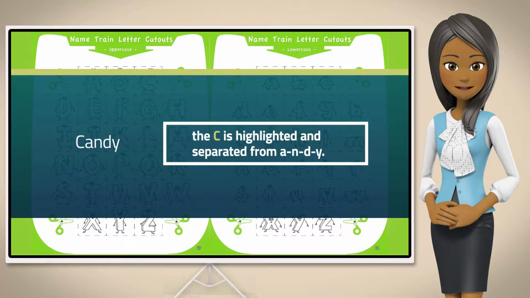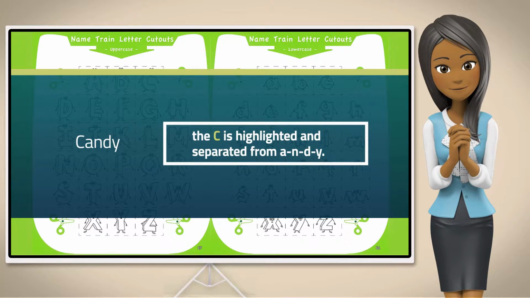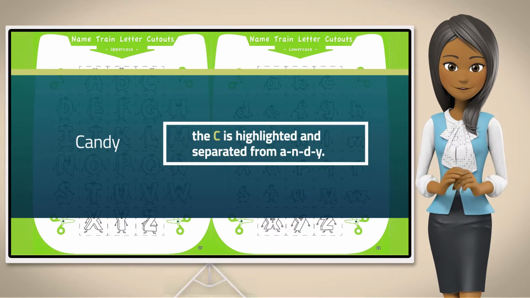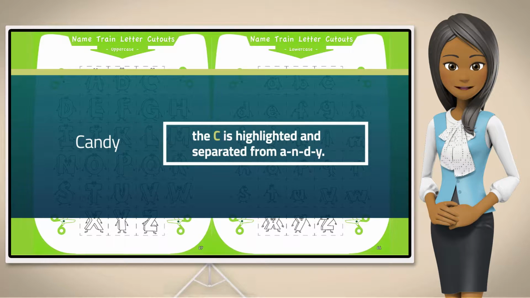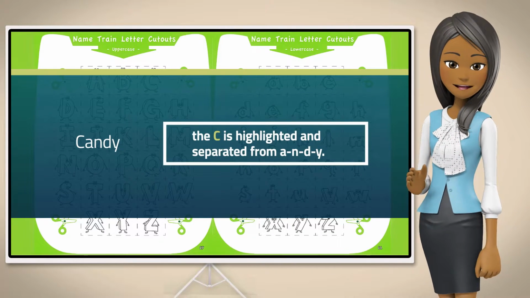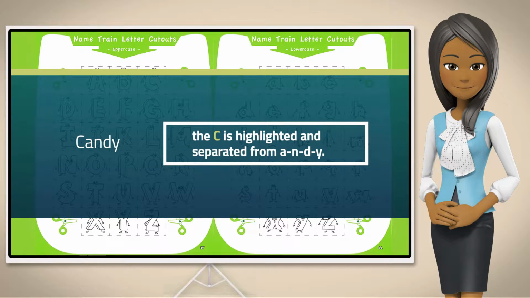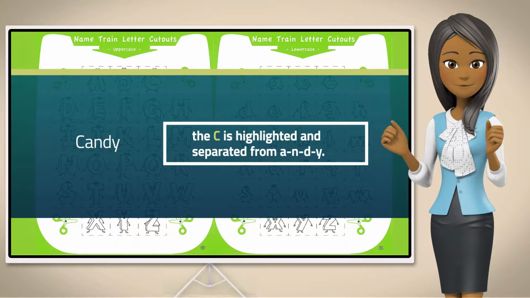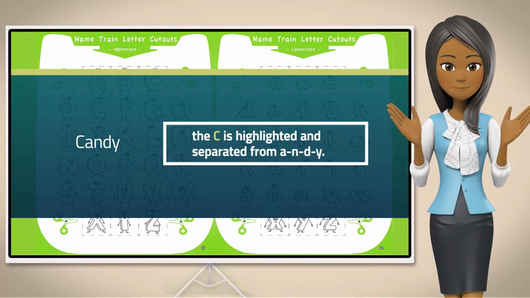For example, if the child's name is Candy, guide her in understanding how many lowercase letters are needed and then how many uppercase letters are needed. Allow the child to select the letters and then practice cutting them out to make the name train. It should be colored and placed in an area where the child can proudly view it.